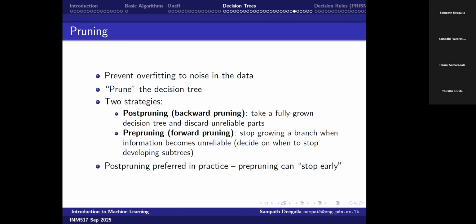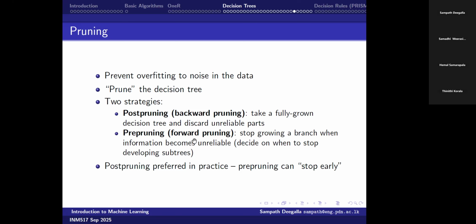Now let's look at how to generalize the tree. Generalization here means we are trying to simplify our model so that we get better accuracy when you have new data. There are two ways of simplifying trees: we can remove some of the branches in the trees. There are two techniques we can follow. One is called post-pruning. That means you develop the whole decision tree and then remove some of the branches from the bottom.